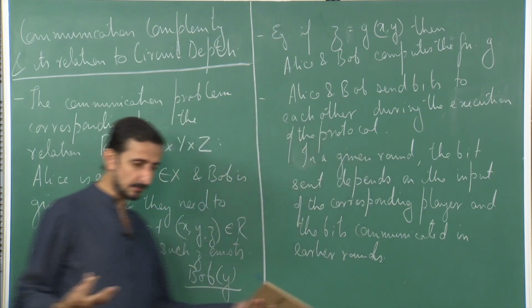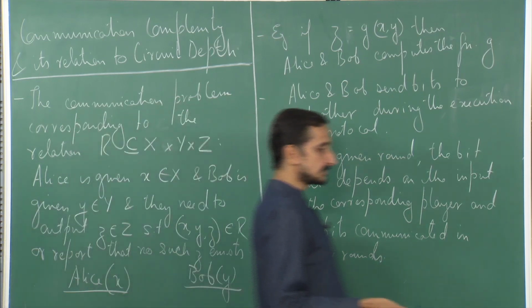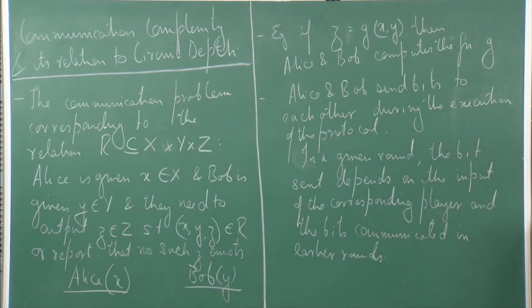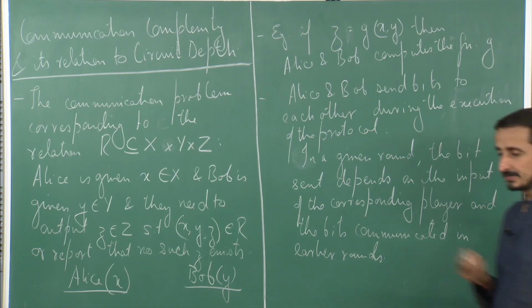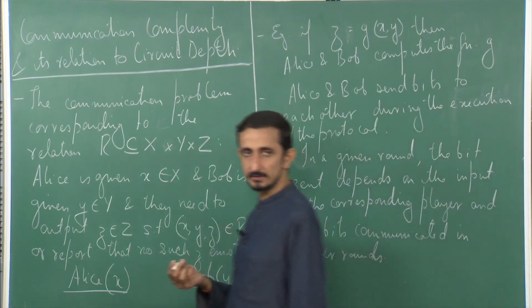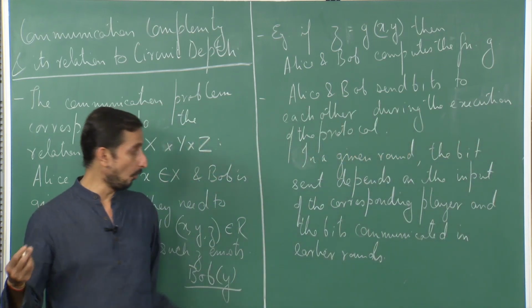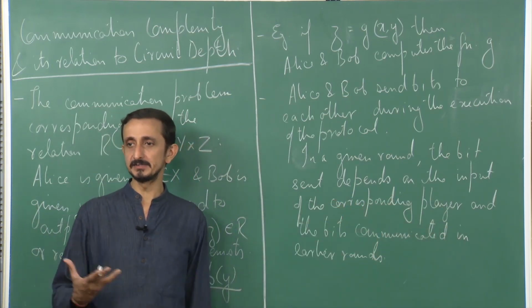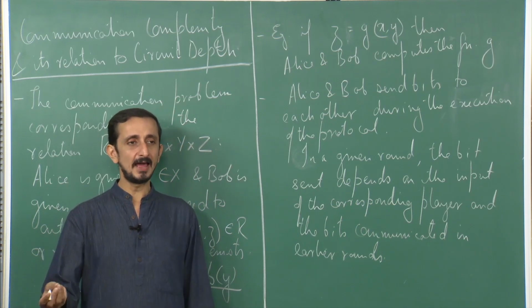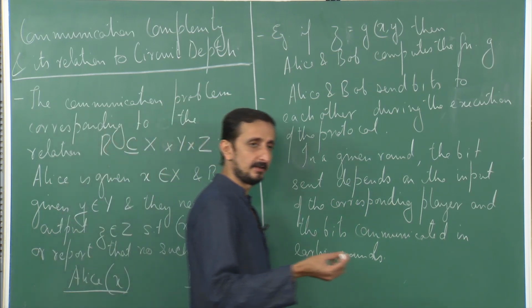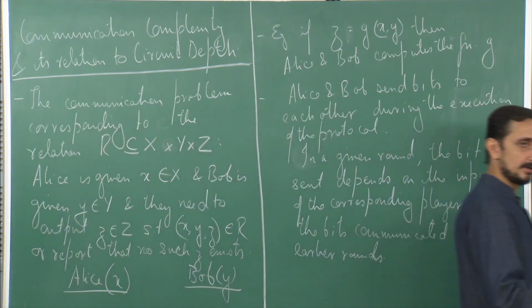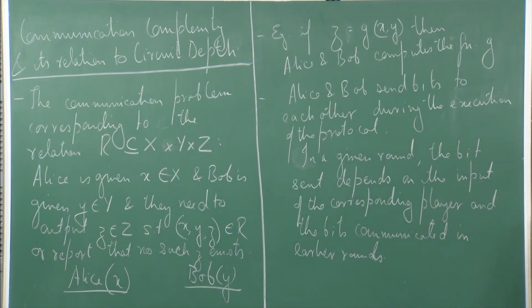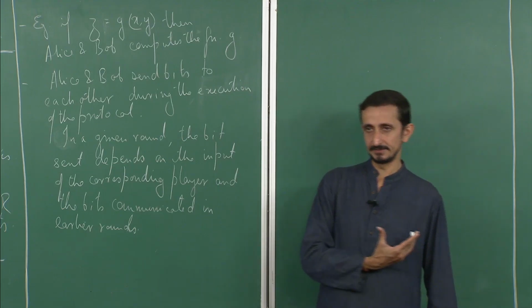So basically, in the first round, let's say we start with Alice. Alice sends a bit. Because it's the first round, Alice's bit would only depend on the input of the corresponding player, that is Alice's input x. Now Bob will have his own input, that is y, along with the bit that he receives from Alice.